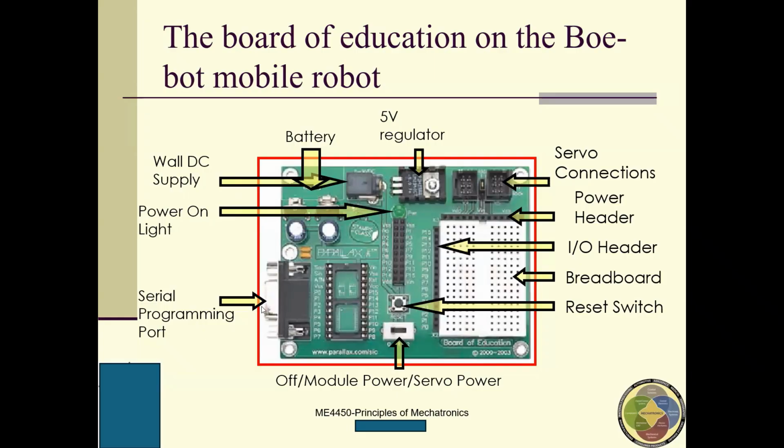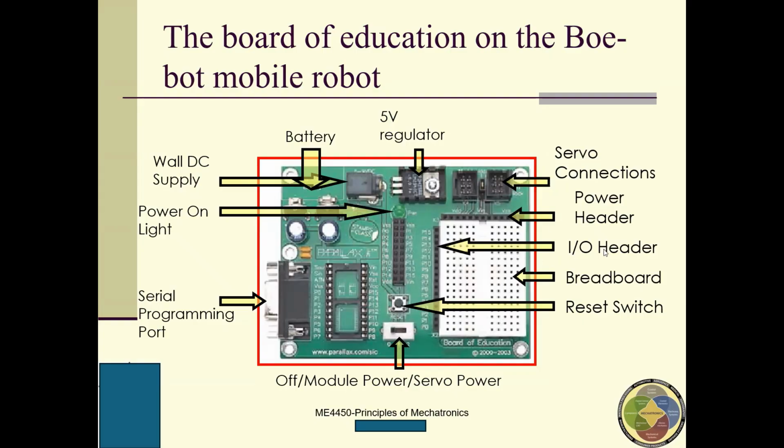This is the serial programming port here. Here is the switch for module power and servo power. You can turn it off, or put it in the middle. Turn this way for module power, and this way for servo power. Servo power is used to control the wheels. Here are the servo connections, and this is a power header here.